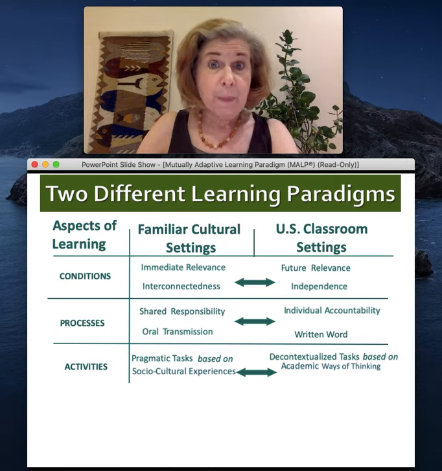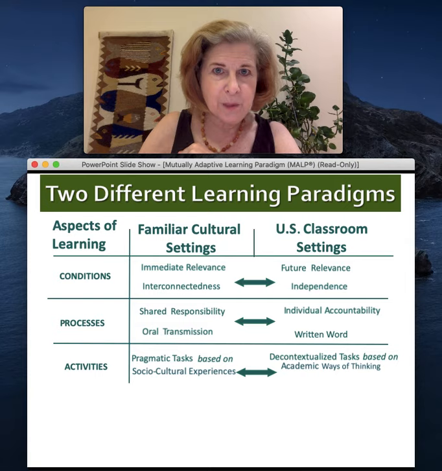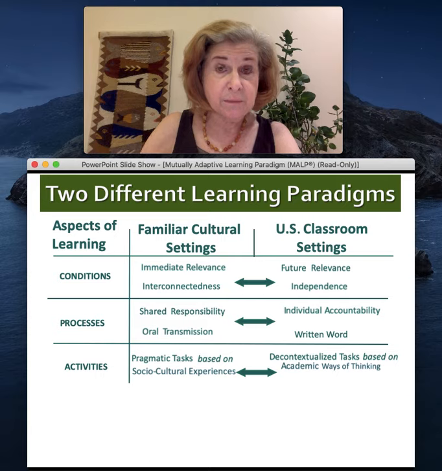So, what I'd like you to do now is see if you can find on this slide where the three cultural differences are represented. So let's take the first one that we looked at, which is orality versus literacy. Where do you see that on this slide? That cultural difference. Okay, where do you see the collectivism versus individualism?